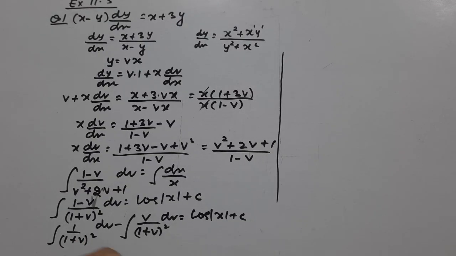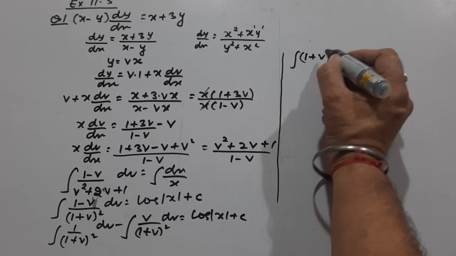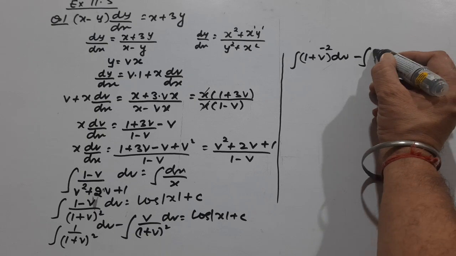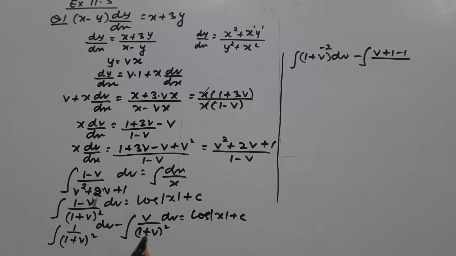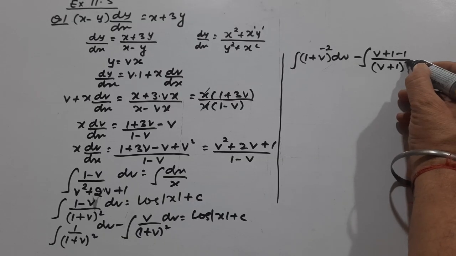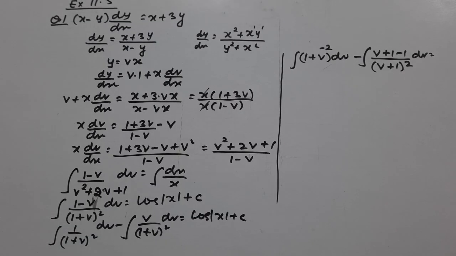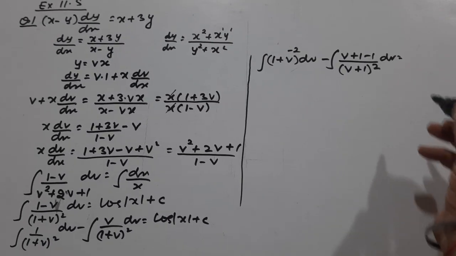Now to integrate this factor, we can write it as (1 + v)^(−2) dv, and we can write the numerator as v + 1 − 1. To integrate the second factor, we add 1 and subtract 1 in the numerator, over (v + 1)² dv = log x + c. We can write log x + c here.